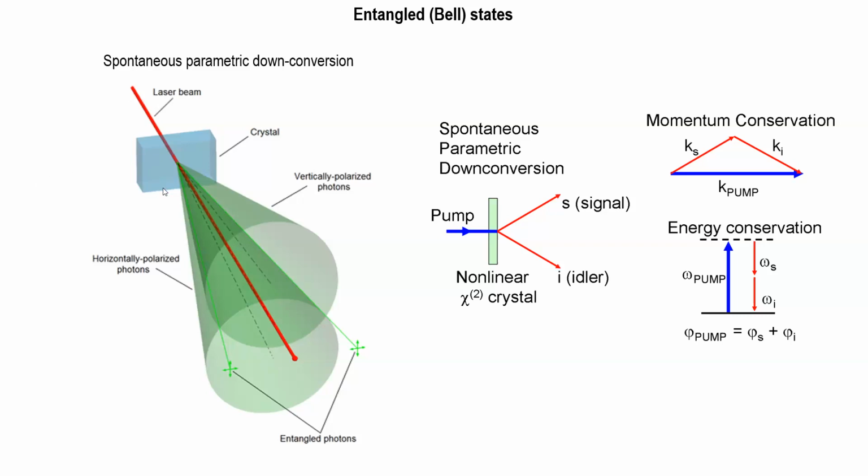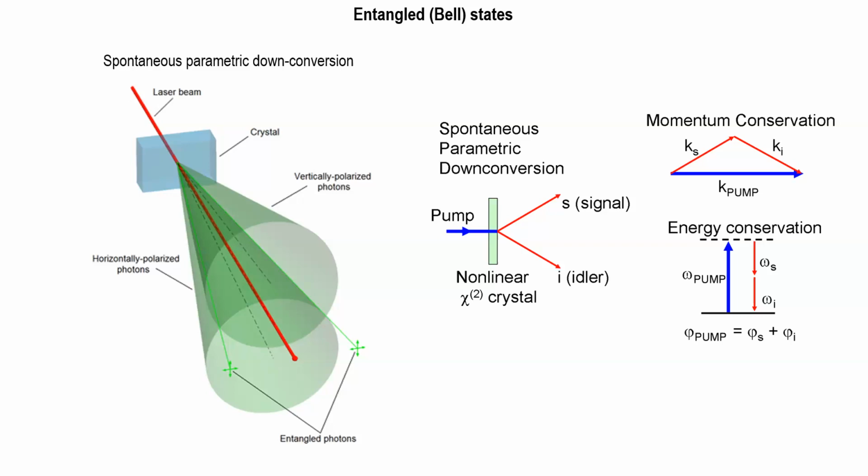The overlap, or the cross section, of these two cones forms the two lines here and here, and these are the directions of the most entangled photons. So people use the photons propagating in these directions as the entangled photons, and this works very well.